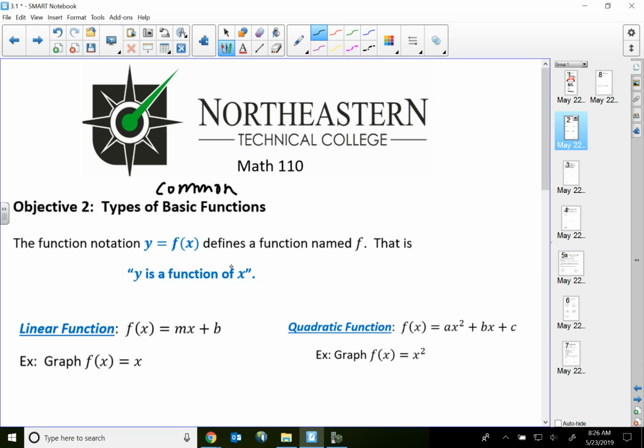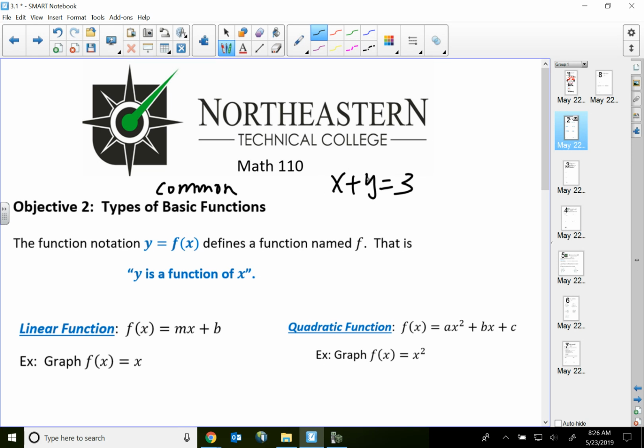So how does this actually come about? I want you to recall the equation of a line. Whenever you learn how to graph a linear equation, maybe like x plus y equal to 3, this is a linear equation written in the standard form.